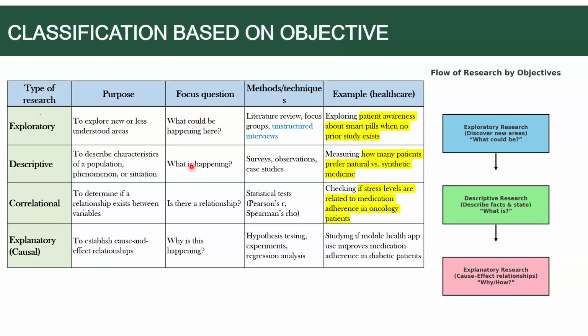When you want to know a particular setup or particular observation, what is happening here, you don't want to know what could happen. And then if you want to know whether there is a relationship, you will use the correlational. And if you want to study why this is happening, you will use explanatory research here.